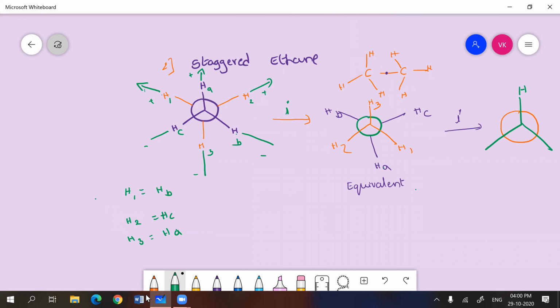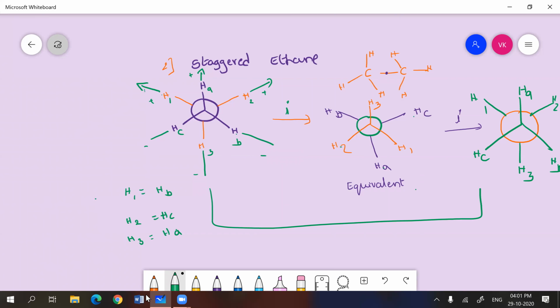So HA will come here and H3 will go here. Next, here H2 and HC. So H2 will go here and HC will come to this place. And here it is HB and H1. So here comes H1, here comes HB. If you compare these two geometries, they are the same. That's why it is said to be identical.